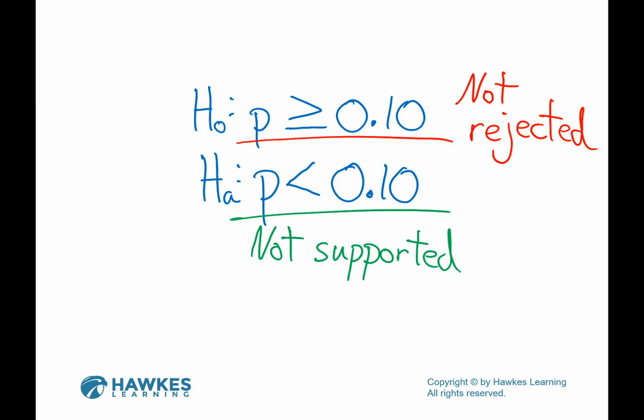That's all we can say. The counselor may be right. He may have just got bad data. Maybe he needs to go back and collect some more data. It's a very, very weak statement when we fail to reject the null hypothesis. We're not saying anybody's right or wrong. All we can say is that we did not have enough evidence to reject the null hypothesis. That's it.